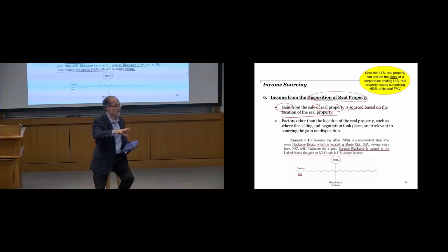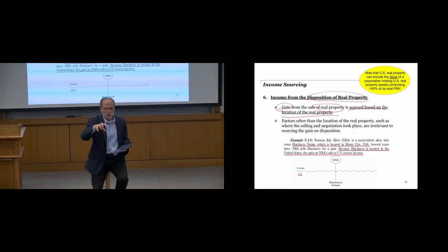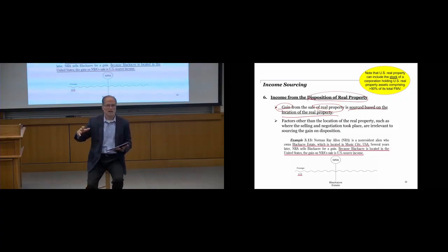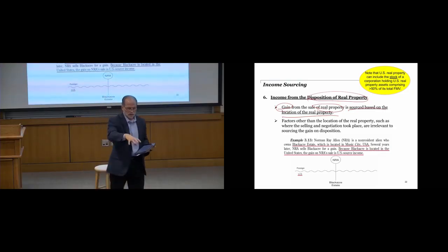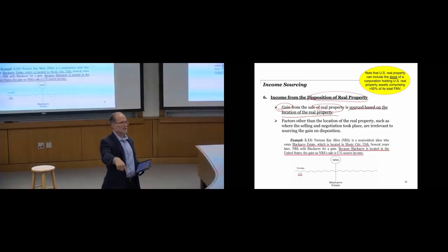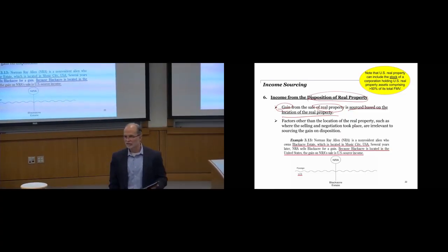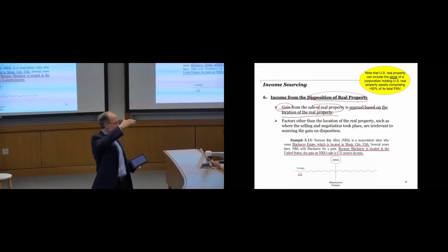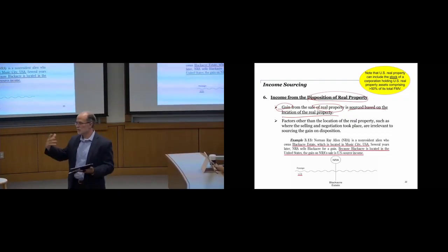Each country is going to treat its real estate as kind of one of its jewel assets, right? Geopolitical disputes in the world about land, right? So land is very vital. So if I sell real estate in a country, that country is the source of the gain, right? And because real estate is such a prime asset, sourcing it to the location of that real estate makes sense.